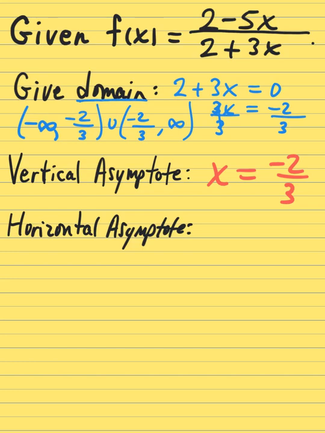The easiest way for me to tell you to identify a horizontal asymptote is to take the most dominant terms from your numerator and denominator. In this particular function, the most dominant term from the numerator is negative 5x. The most dominant term from the denominator is 3x.